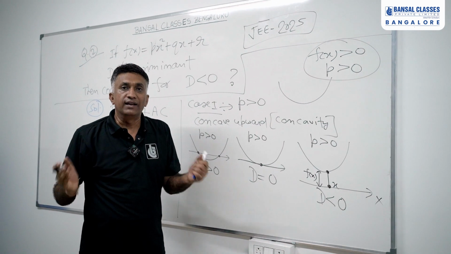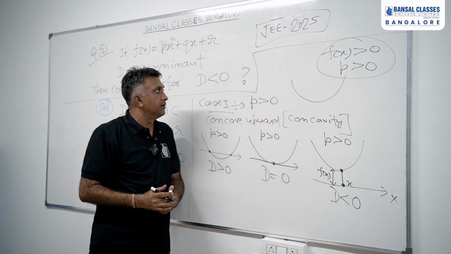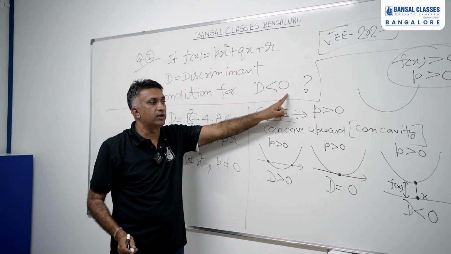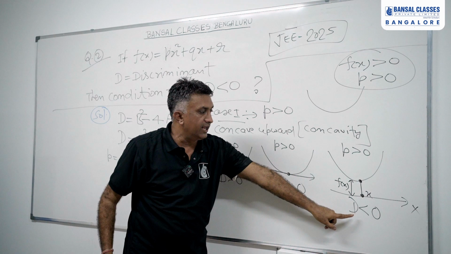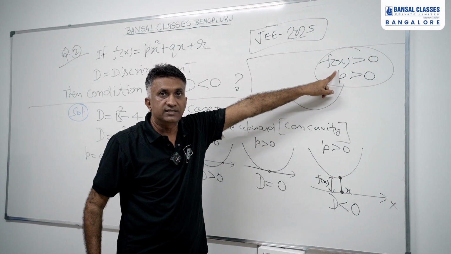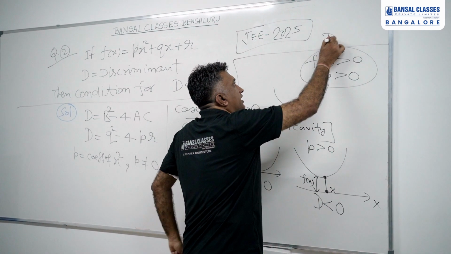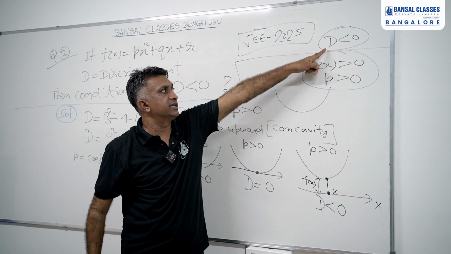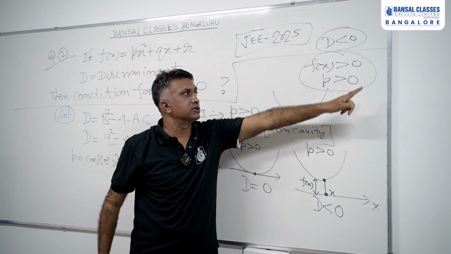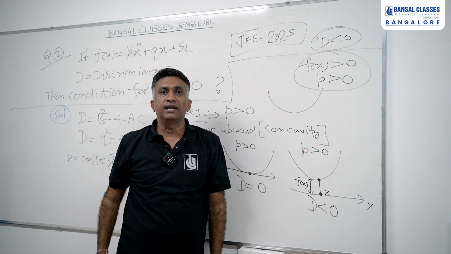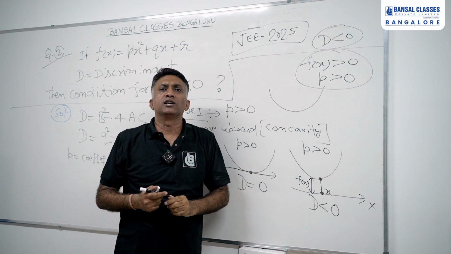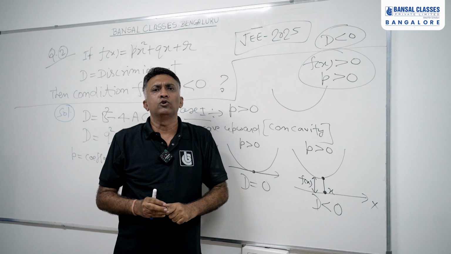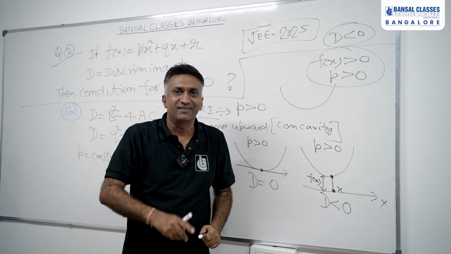Now we should read the question again. When the expression is given like this, then what will be the condition for D less than 0? For D less than 0, there are two conditions. My dear students, for D less than 0, f of x should be positive, p is positive.